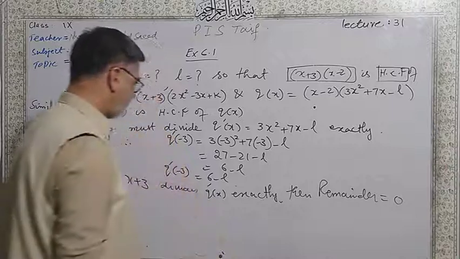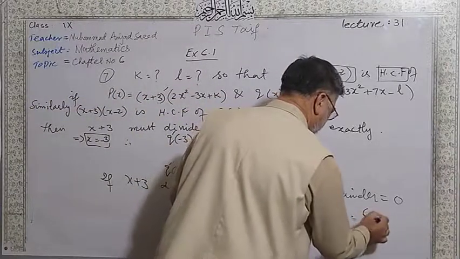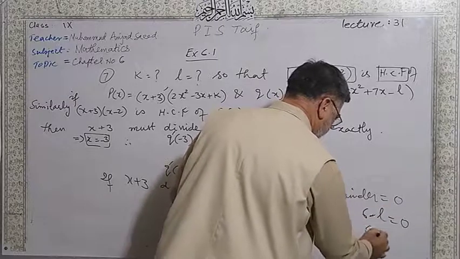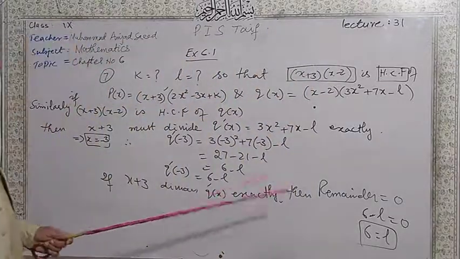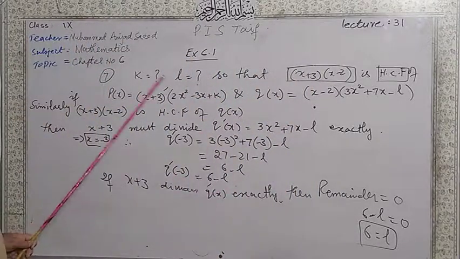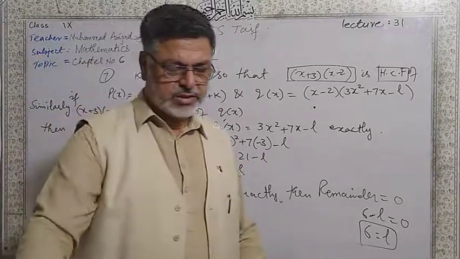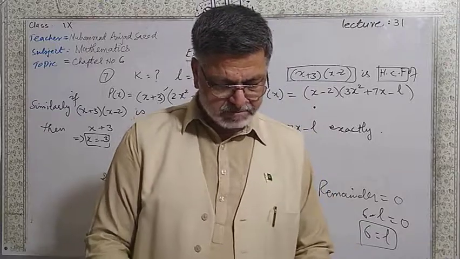Same logic. So you have 6 minus l is equal to 0 and 6 is equal to l. In this way we have found the values of l as 6 and k as minus 2. So this is your answer. I hope that you understood this question.